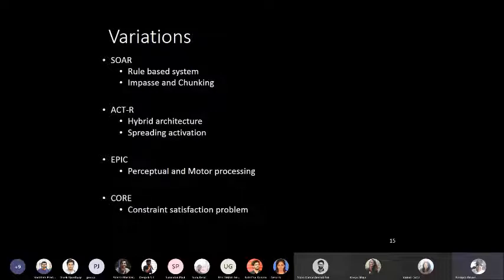It is again based on Fitts' law for the motor action module, and the perception was also partly based on Hick's law, predicting visual search time from the number of screen elements. EPIC stands for Executive Process Interactive Control.